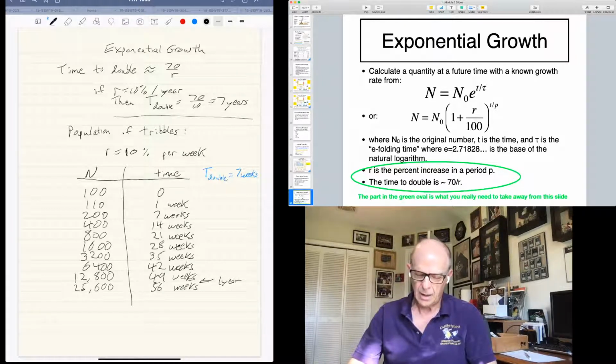So this is what you need to know about exponential growth. You need to know how to use this doubling time. And you'll be using this also when we talk about nuclear power, nuclear energy, because exponential growth plays a role in chain reactions.